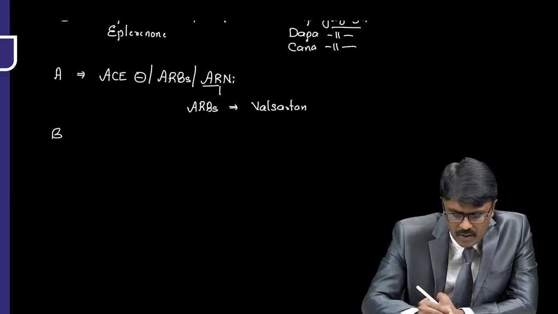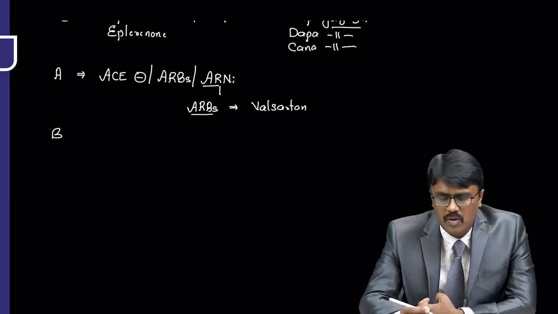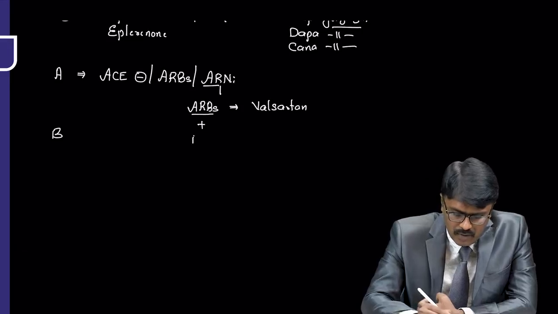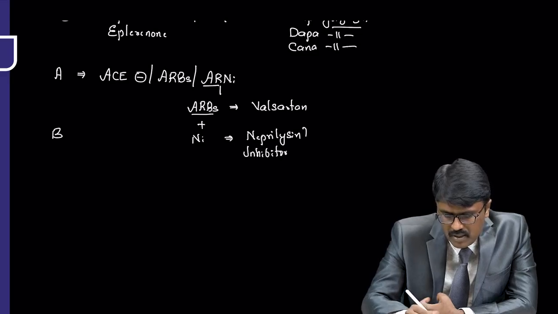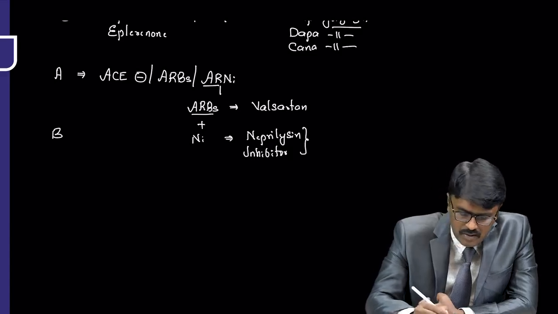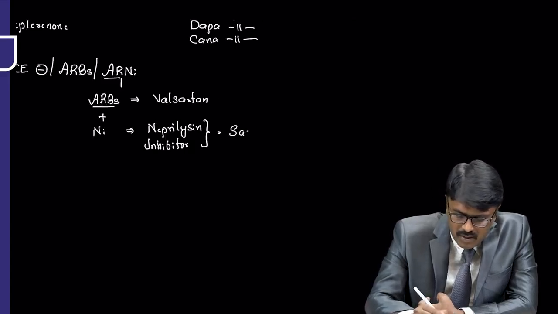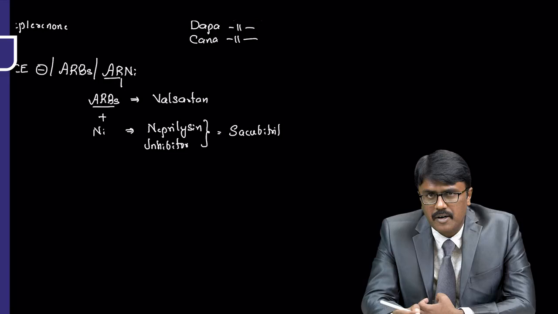So AR stands for ARB, that is angiotensin receptor blocker, and NI stands for neprilysin inhibitor. So what is the name of this neprilysin inhibitor? The name is sacubitril.